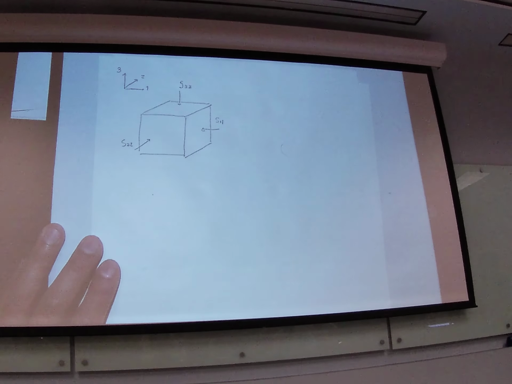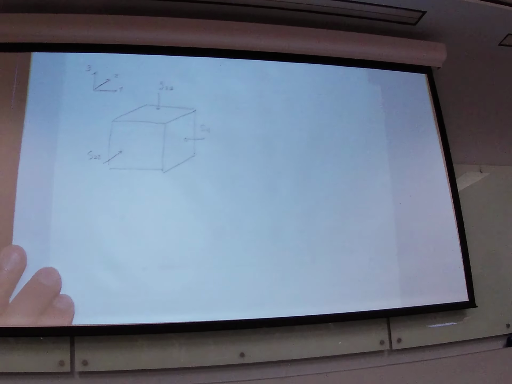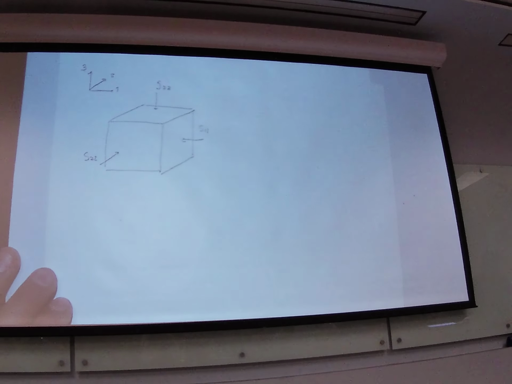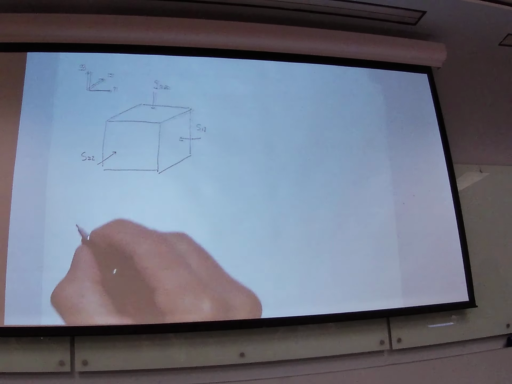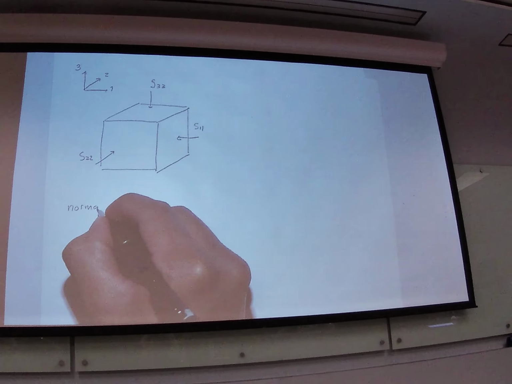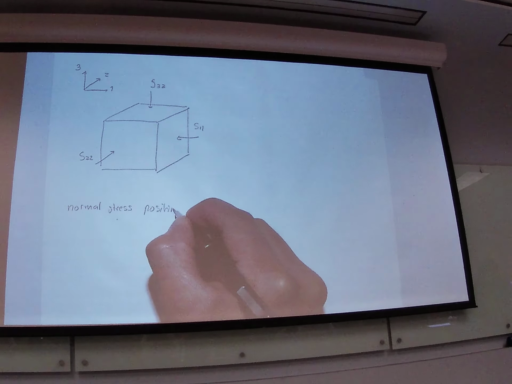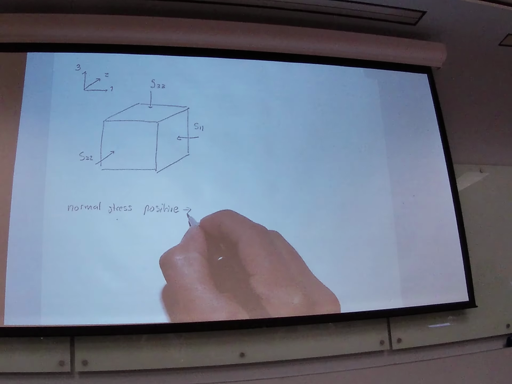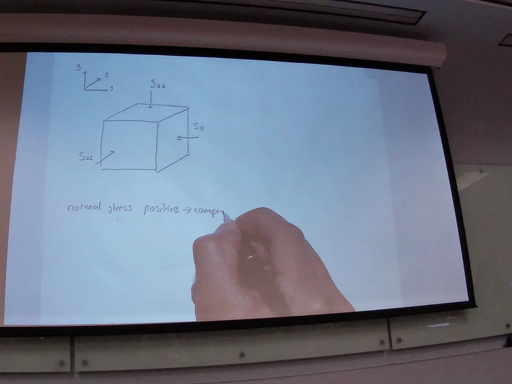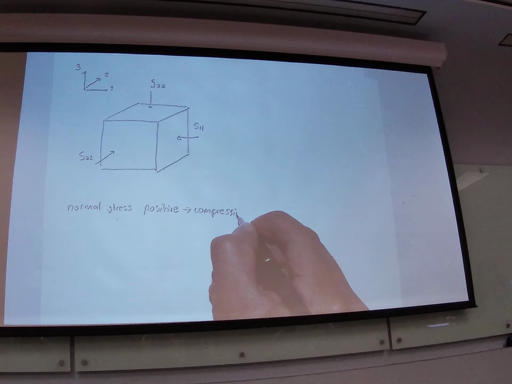Let's add one more thing over here. We're going to adopt the convention for what is positive and what is negative. We're going to say that a stress is positive when it is a compression stress.